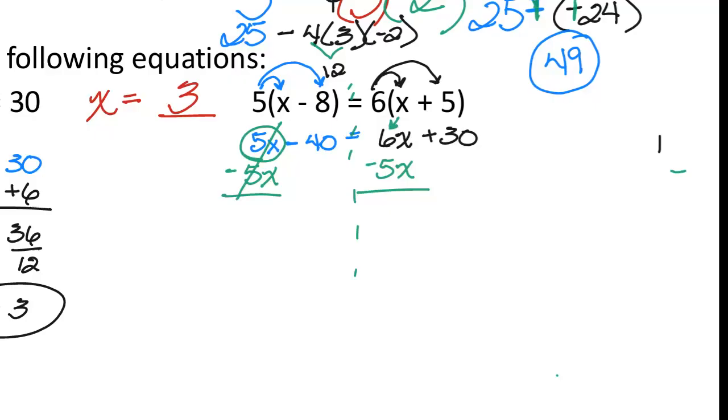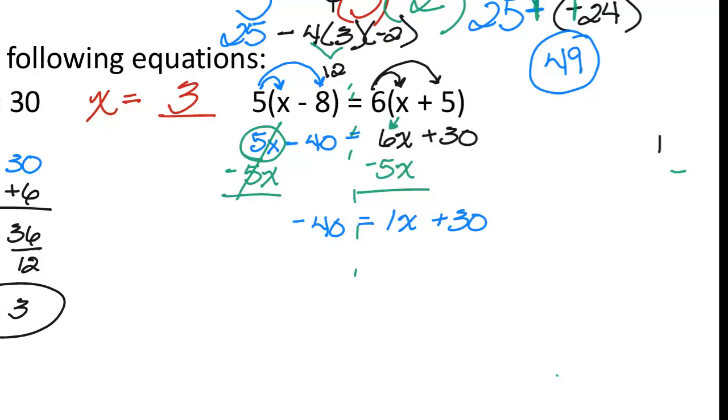5x's cancel out. Don't forget this sign in front. Negative 40 equals 6x minus 5x is what? Not negative 1. Just 1x plus 30. Hey, wait, what are we solving for again? Solving for x.